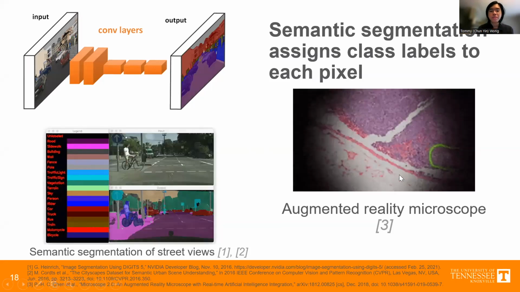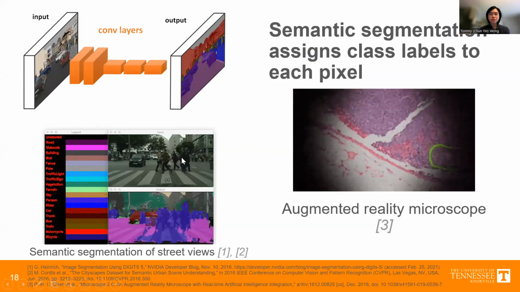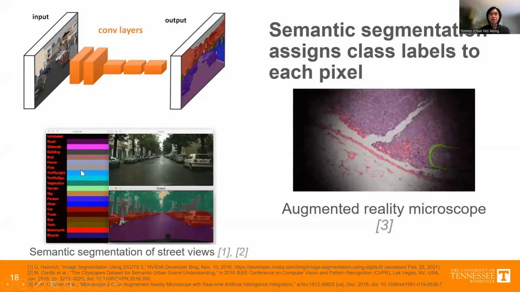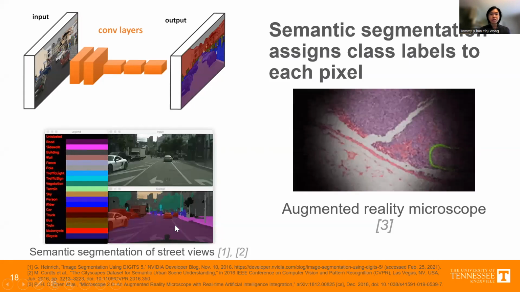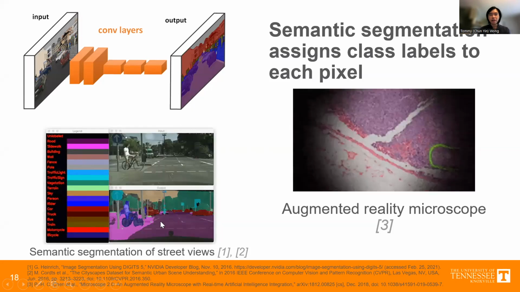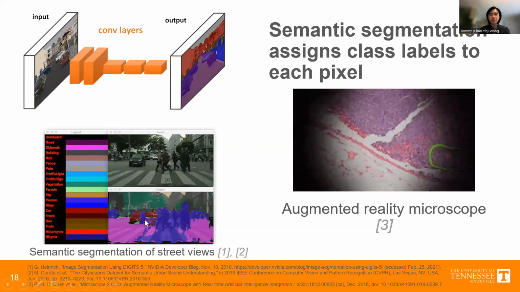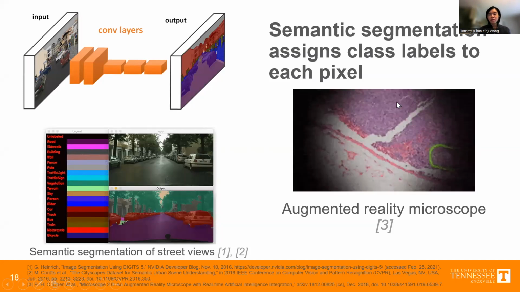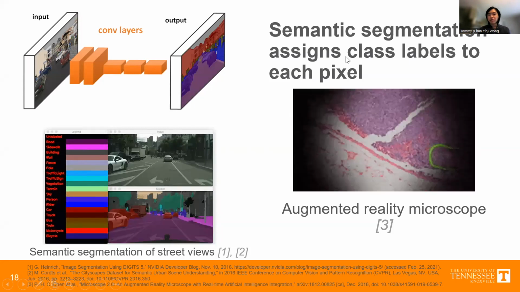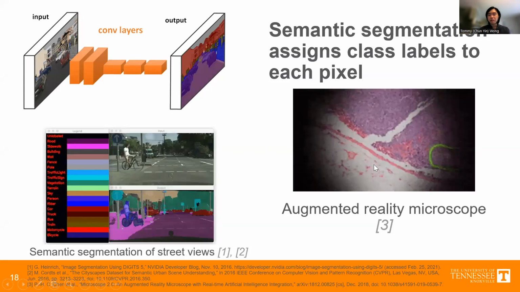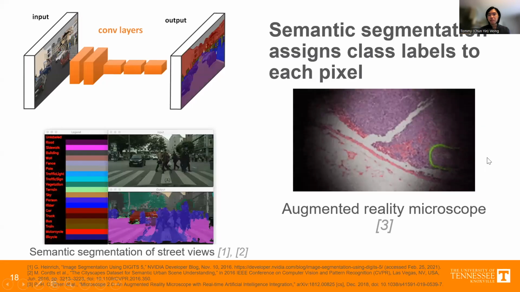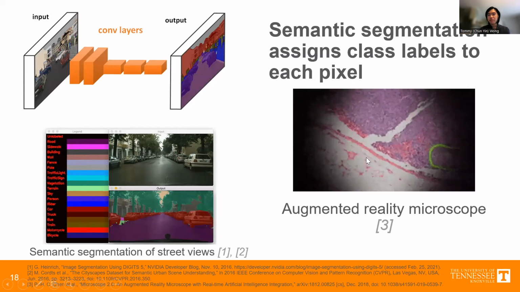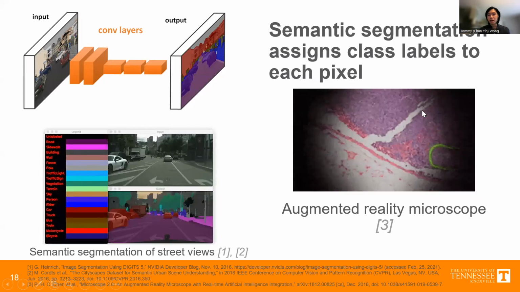So here are some examples. For example, semantic segmentation is commonly used in self-driving. This is just an example of a car and the dash cam, and it identifies the different things you can see on the road, humans and cars and the road itself. In microscopy, you can identify different features. In this GIF, it's a light microscope looking at tumor cells.